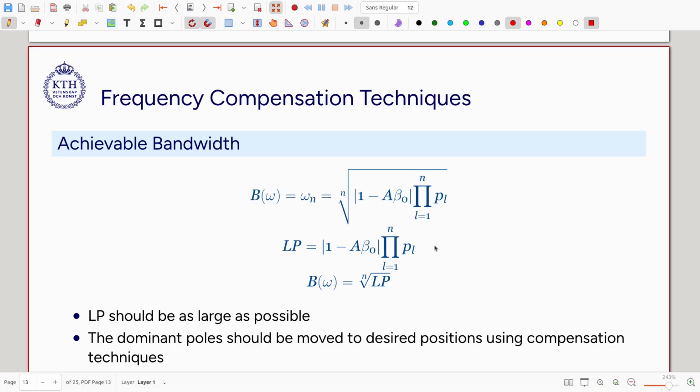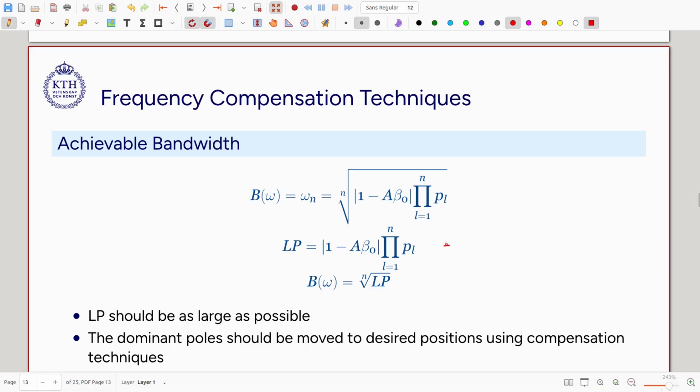So we come back to the analysis that we did in a previous lecture on feedback, and then we found out that the achievable bandwidth in a negative feedback system is related to the loop gain and pole product that we have here.